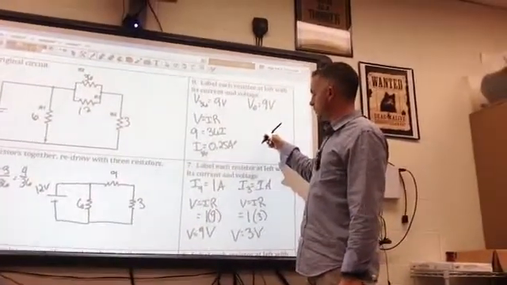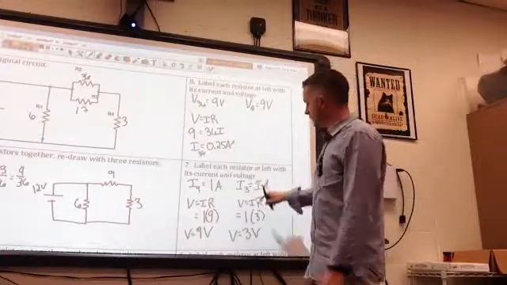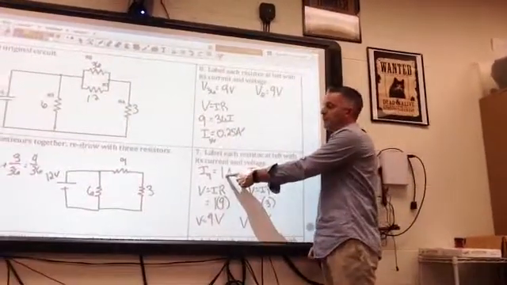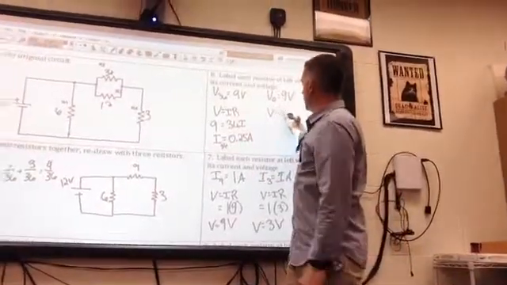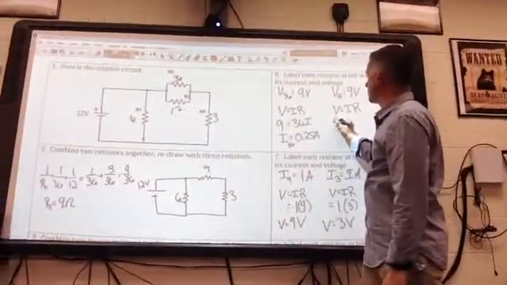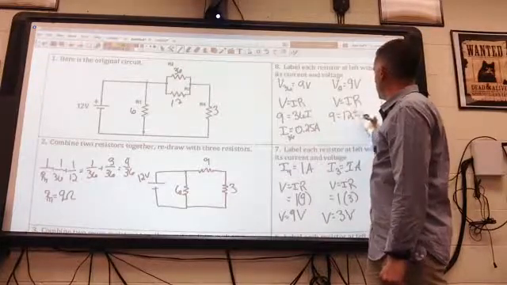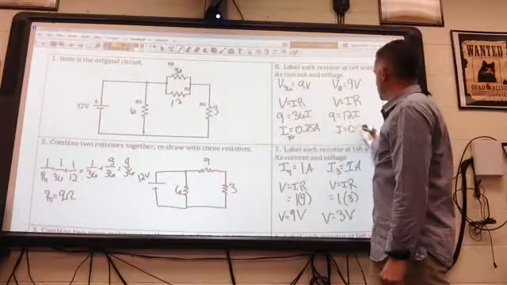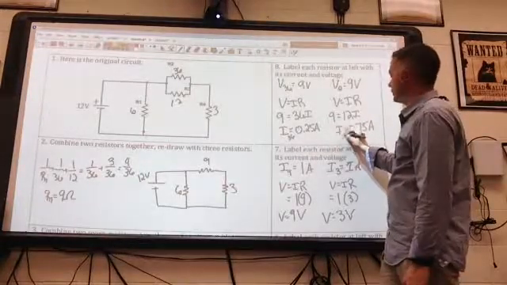What do you think? 3/4, right? 3/4. Because it gets a total of 1. This is using a quarter. The other one's got to get the other 3/4. So this is 9 is equal to 12I. So I is going to be equal to 0.75 amps. I through the 12.